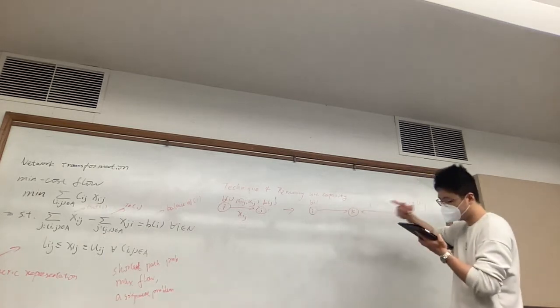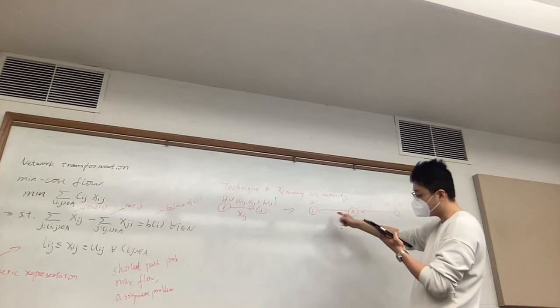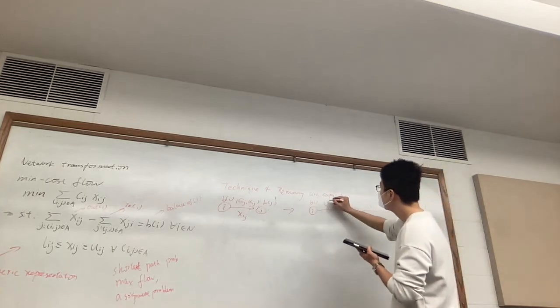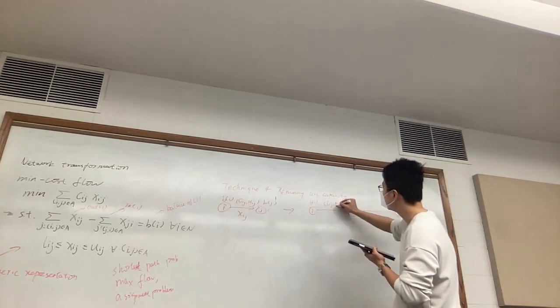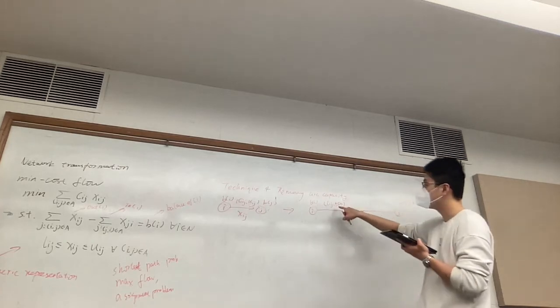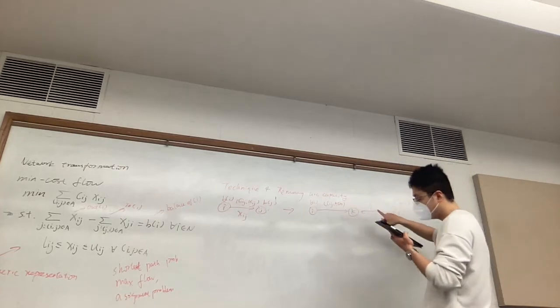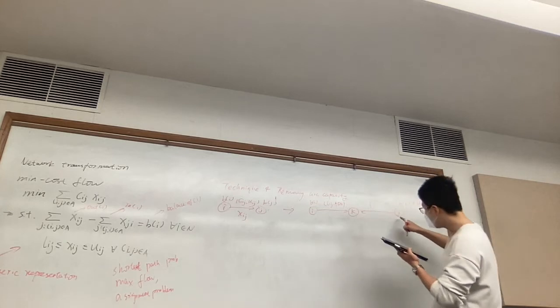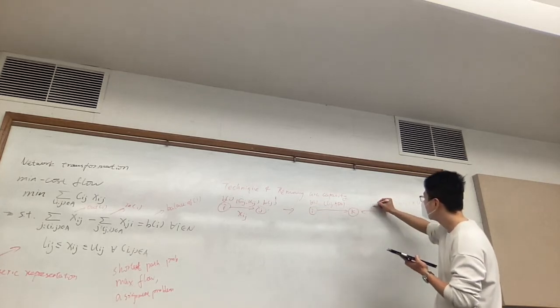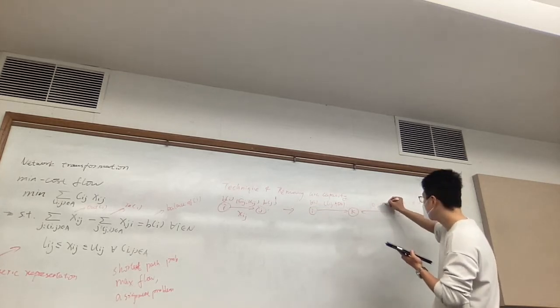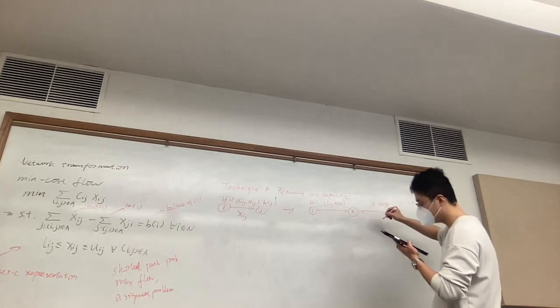Now for the arc from i to k, the unit cost is still Cij, but the upper bound becomes positive infinity. And for the arc from j to k, it has unit cost 0 and upper bound positive infinity.